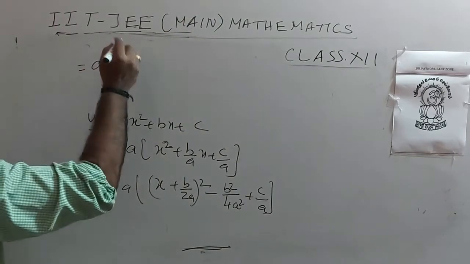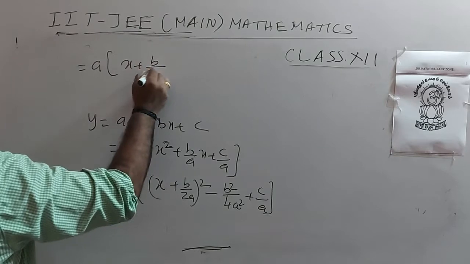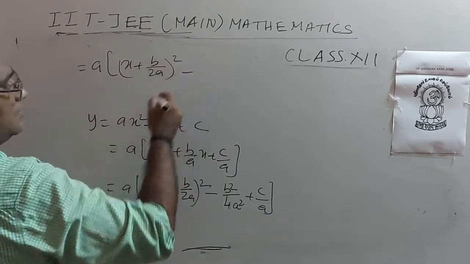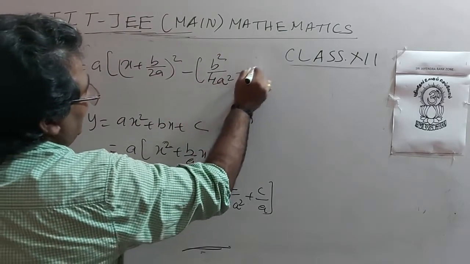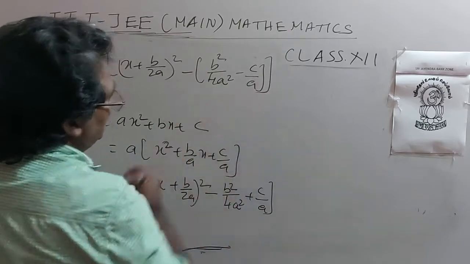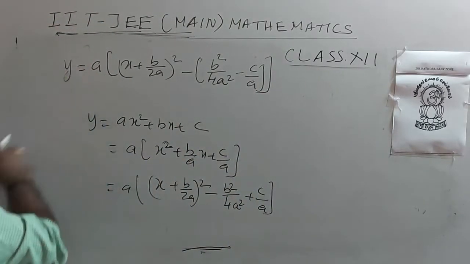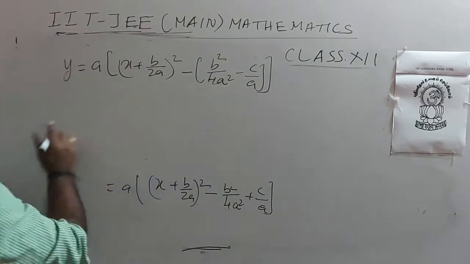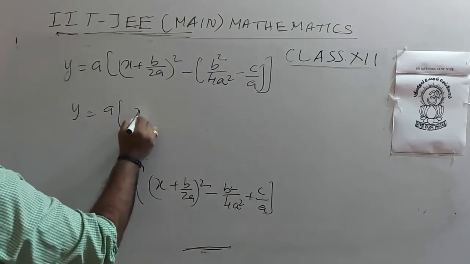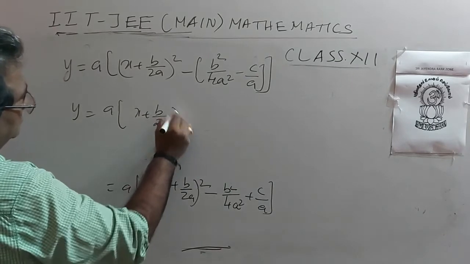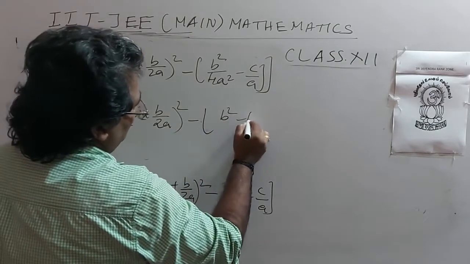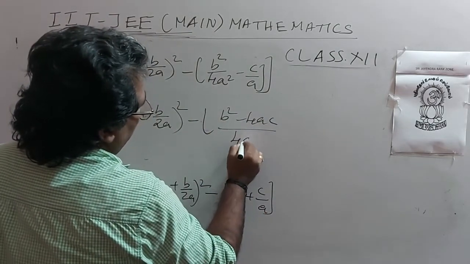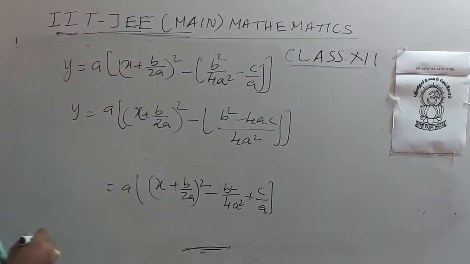Equal to a into x plus b by 2a the whole squared, minus of b squared minus 4ac by 4a squared.